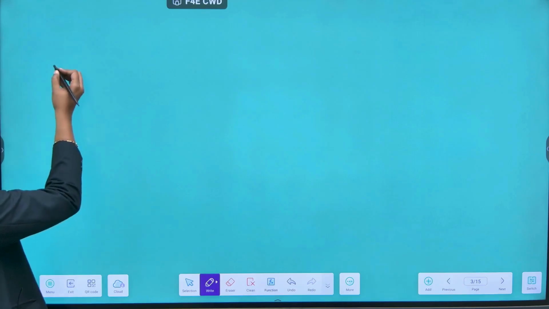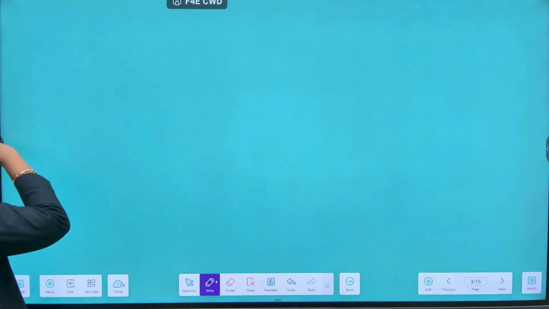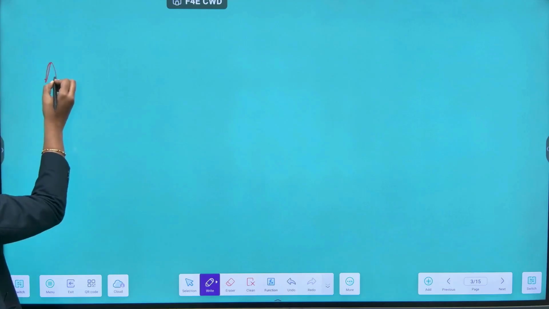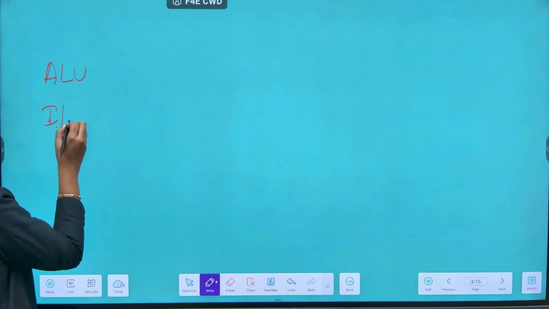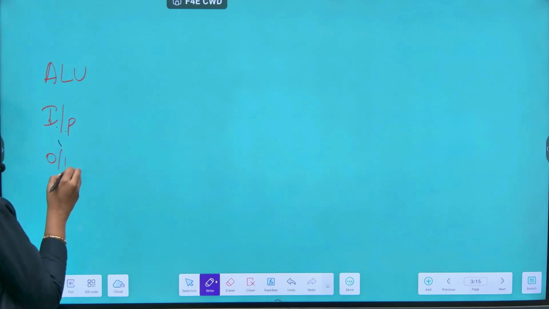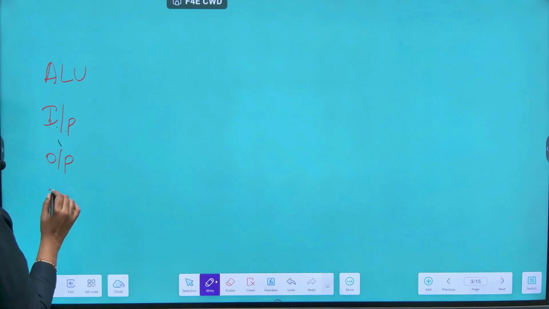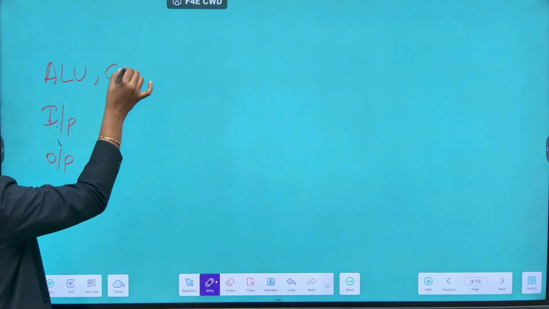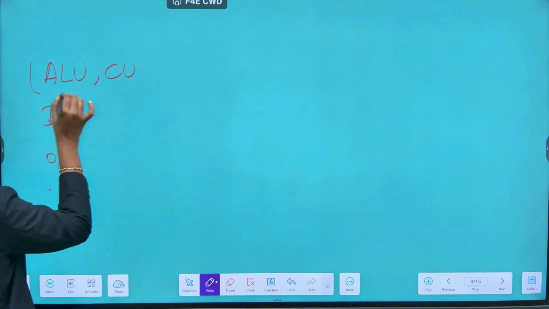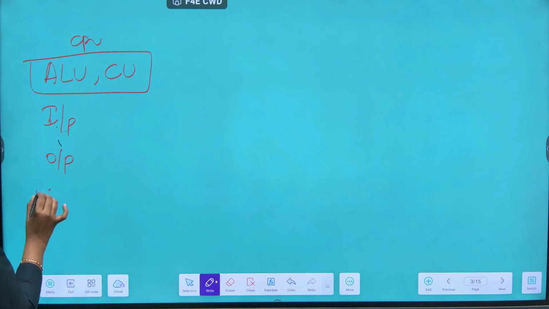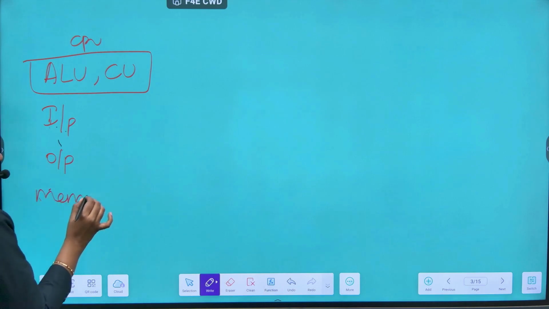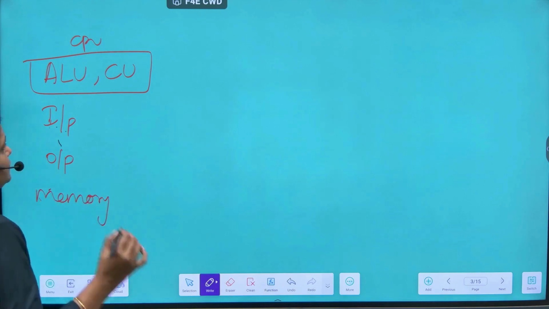Now let us switch back to the topic. We have discussed ALU, input devices, output devices, and the control unit. The control unit and ALU come together as the CPU, and then there is memory. Now let's discuss memory.